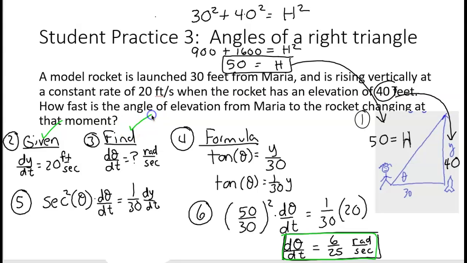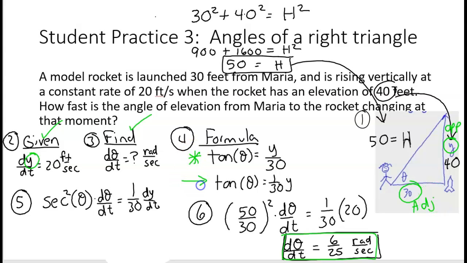The rate that we want is how fast the angle of elevation is changing. That's d theta dt. Now, since I want my formula to have a y in it, and I also want to include the side that has the number in it, that would be the opposite side and the adjacent side, and the trig ratio that does opposite and adjacent is tangent.